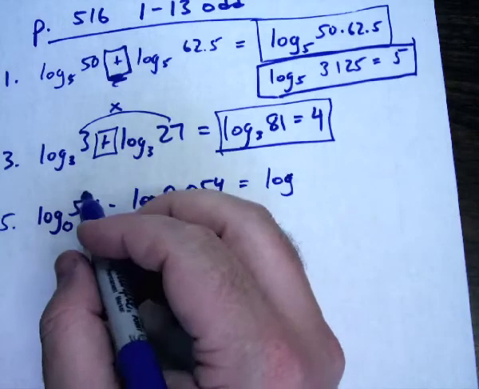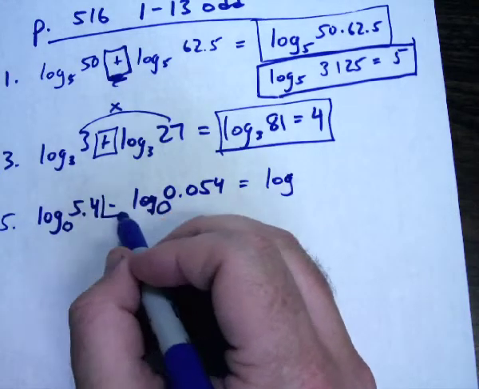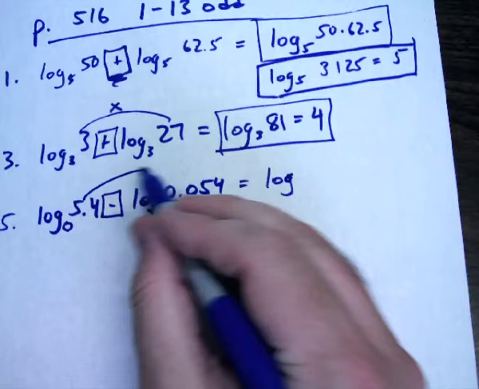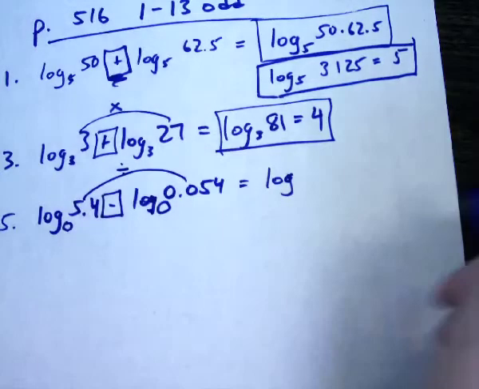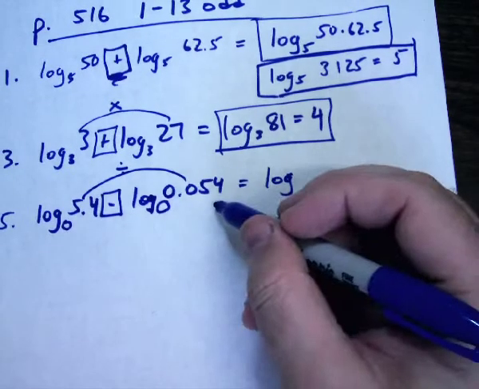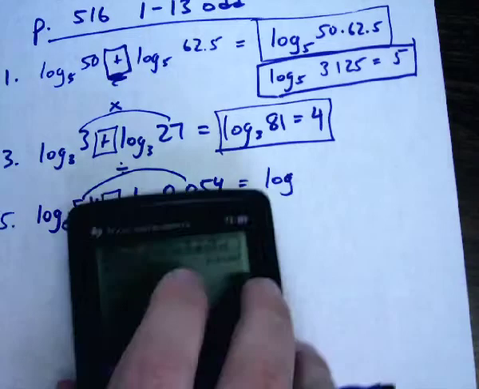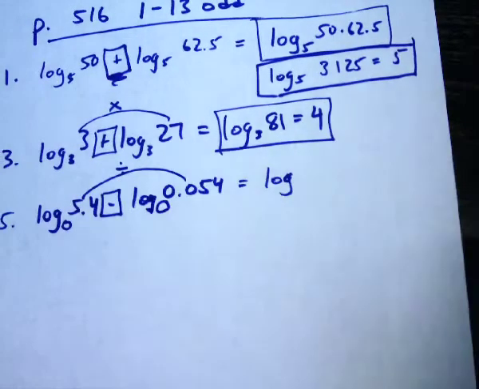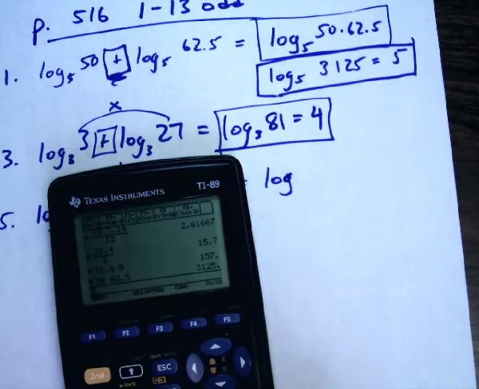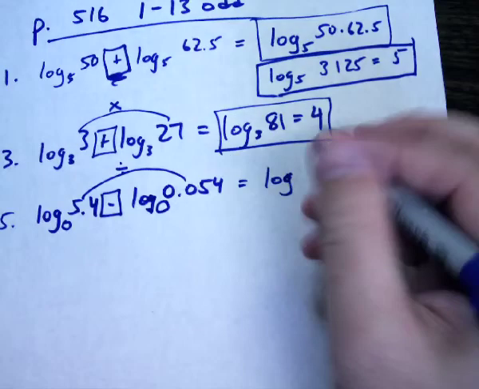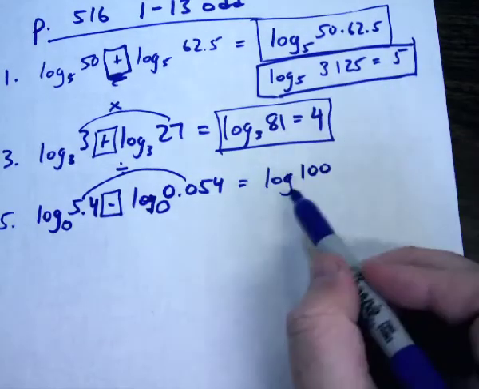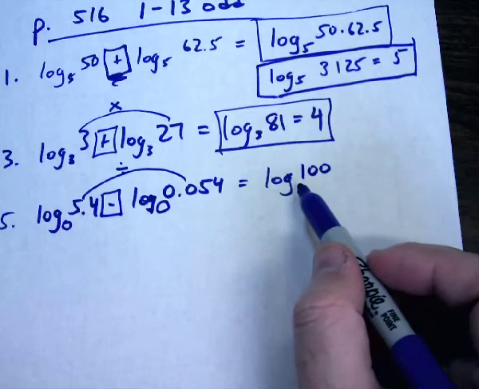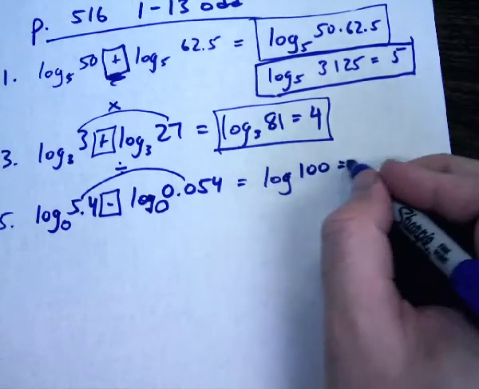The minus sign here tells us that we need to divide. 5.4 divided by 0.054 is going to be 100 for sure. Now once again, our base is 10. So 10 to what power equals 100? This is going to be 2.